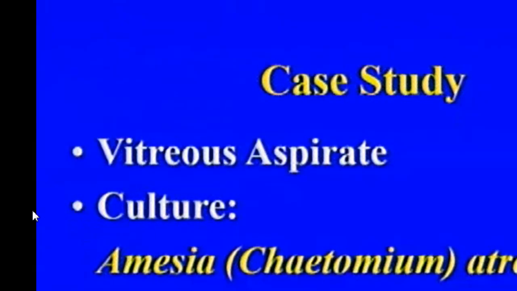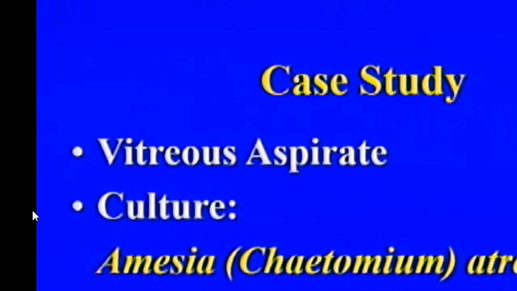So I went and took a specimen from the vitreous. And the vitreous aspirate grew Chaetomium atrobrunneum. Well, last year, the Committee on Nomenclature changed its name from Chaetomium to Amesia. So now we should call it Amesia atrobrunnea.